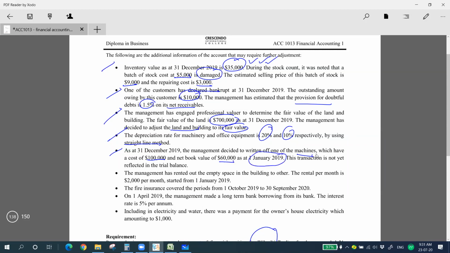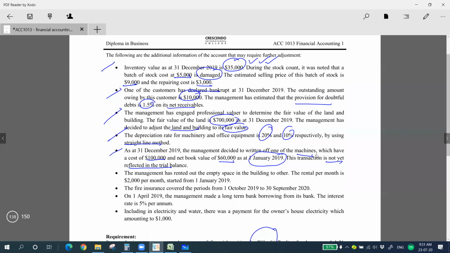This transaction is not yet reflected in the trial balance. So first of all, the company's depreciation policy is the straight line method. They use 20% for the machinery and 10% for the office equipment.